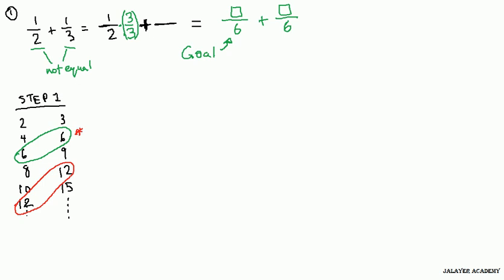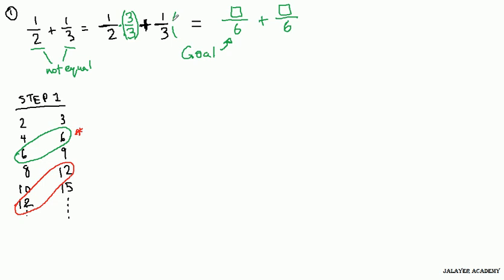Let's keep moving. So the next fraction was 1/3. And we also want to get over to our goal of 6 in the denominator for this fraction. Now, how do we do that? We need to multiply it by something. Let me erase, let me make some space.